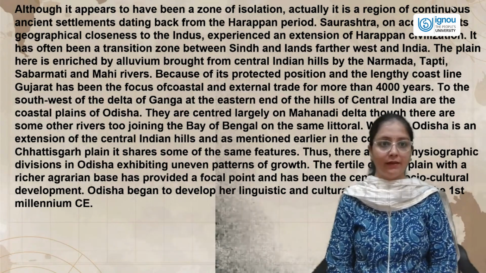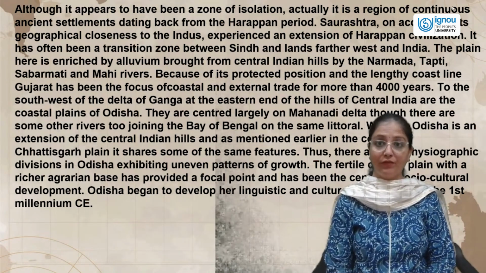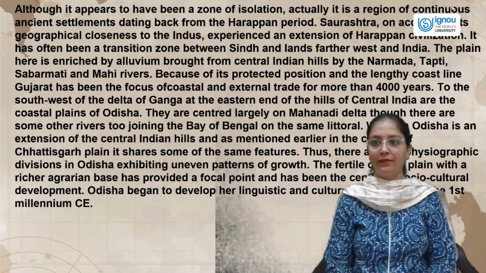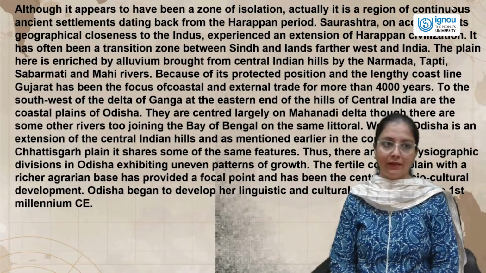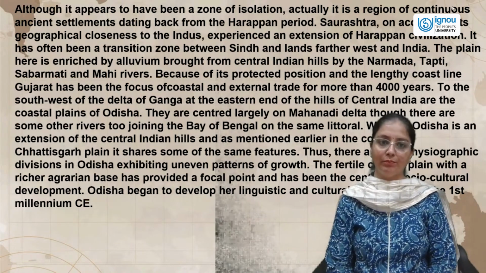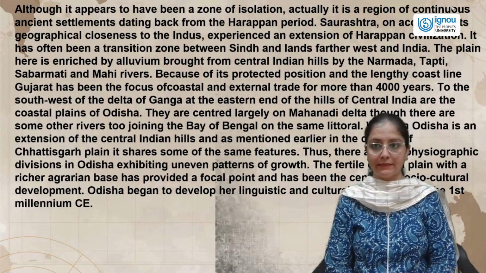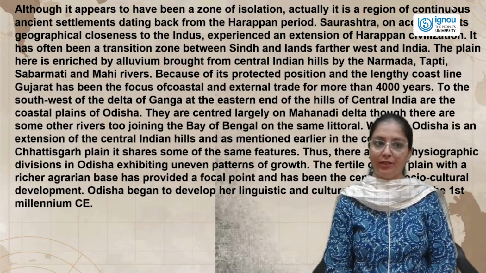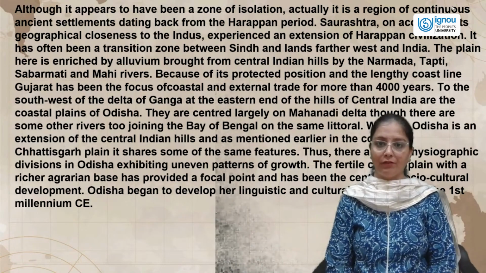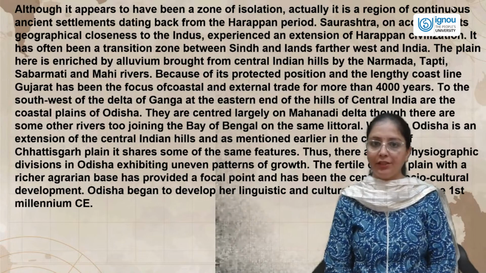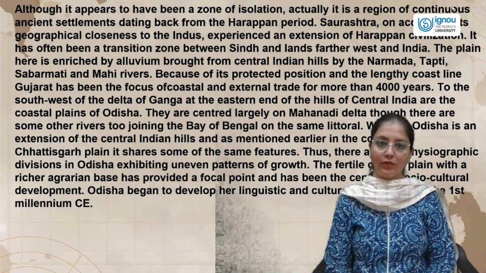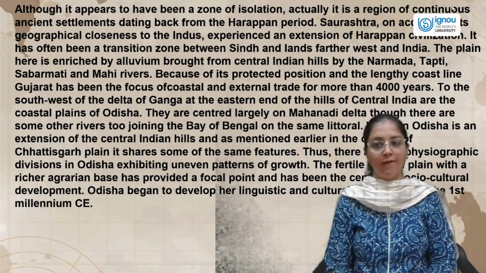It has been a transition zone between Sindh and lands farther west and western India. The plain here is enriched by alluvium brought from central Indian hills by the Narmada, Tapti, Sabarmati, and Mahi rivers. Because of its protected position and lengthy coastline, Gujarat has been the focus of coastal and external trade for more than 4,000 years.